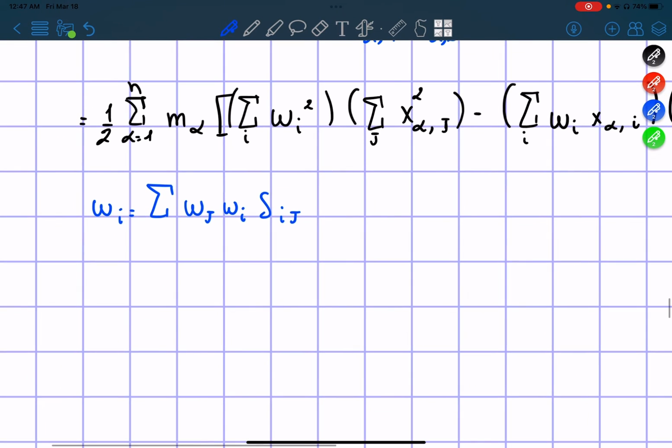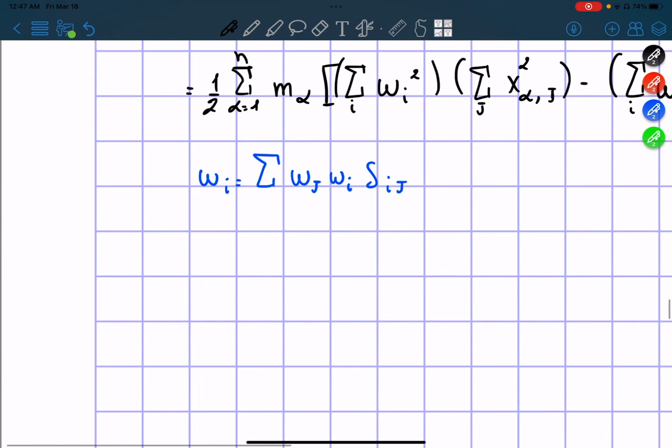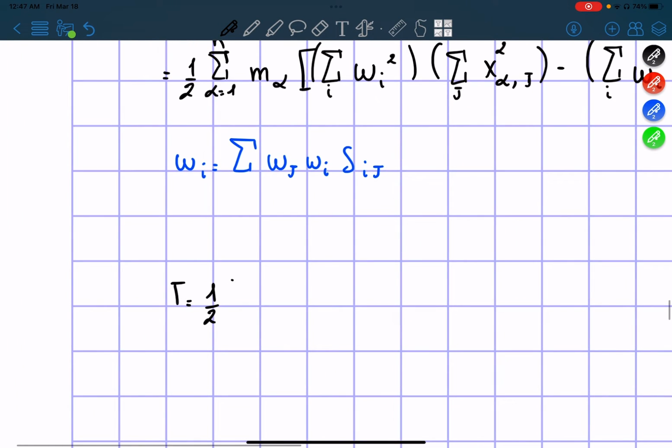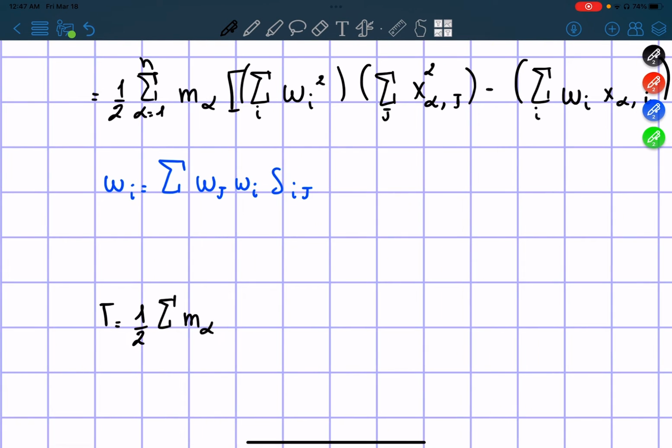Okay, so let's rewrite our T, kinetic energy, again, because that's what we're doing. One half of the summation of m_α, and then we're substituting our ω for this value right here.